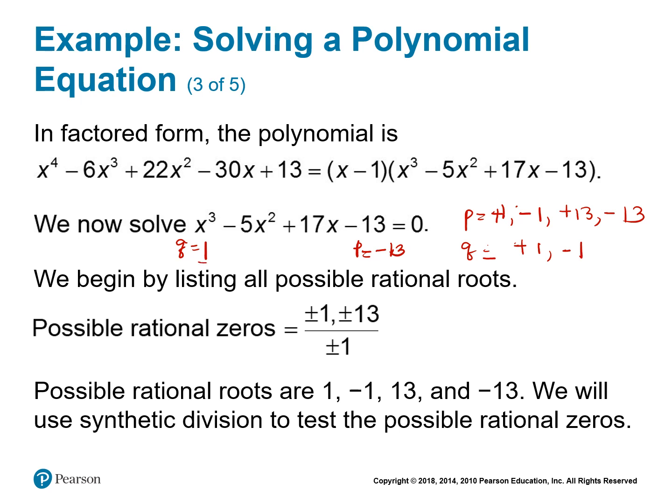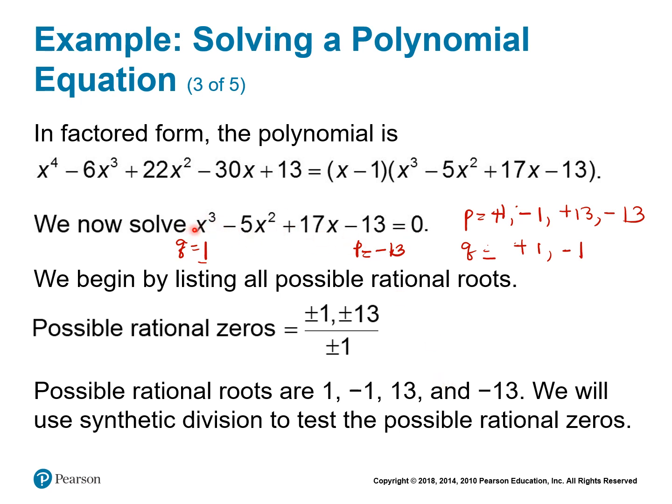So now they have formed ratios by doing p over q, and we get possible rational roots are 1, minus 1, 13, and negative 13. So now that we have shortlisted the possible rational zeros or rational roots, we are going to perform the synthetic division on this particular polynomial.